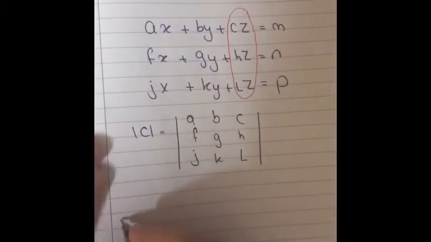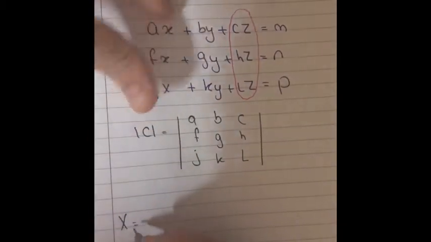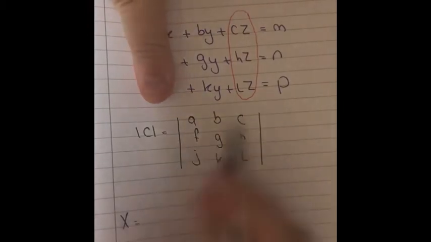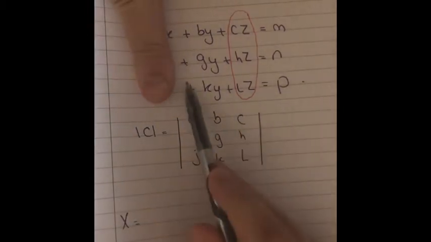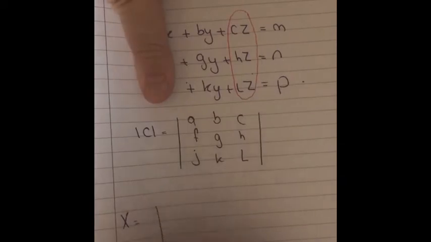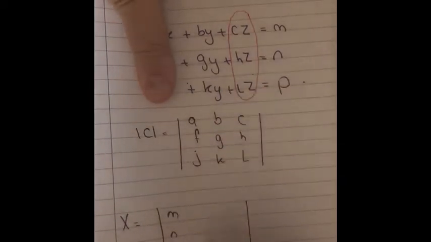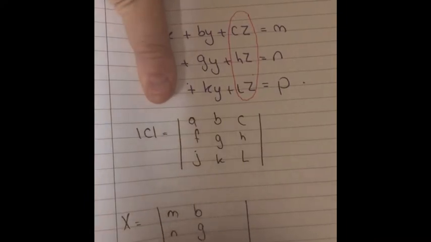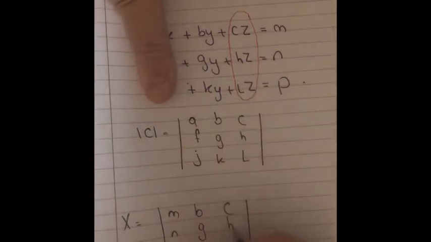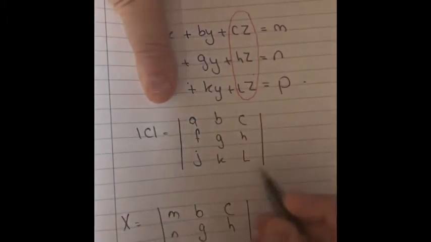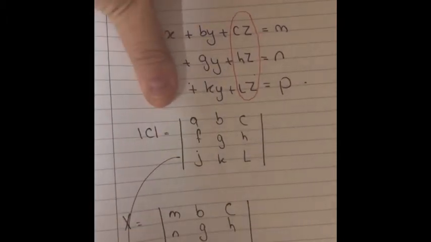How will I find x? Again, if I want to find x, I'll put my finger on x, start with the answers, go to y, and then add z. So the rule is m, n and p, and then I'll go to y's, b, g, k, and then c, h, l, all over the coefficient matrix. Okay?